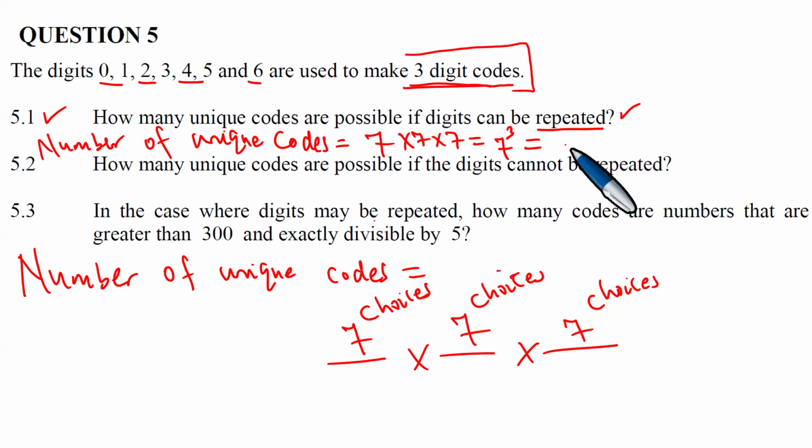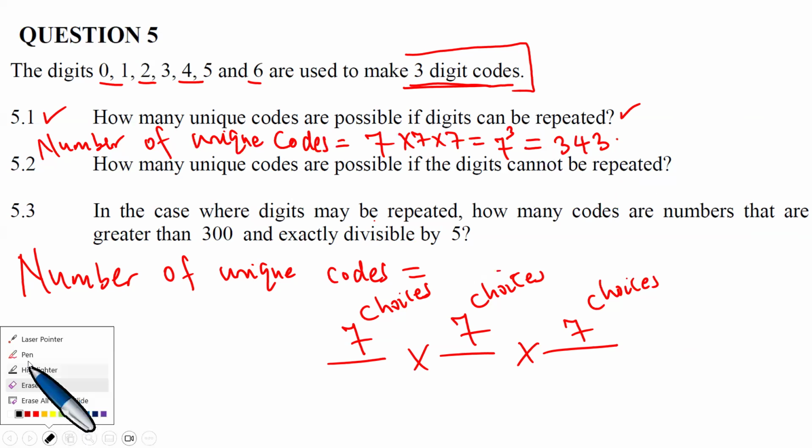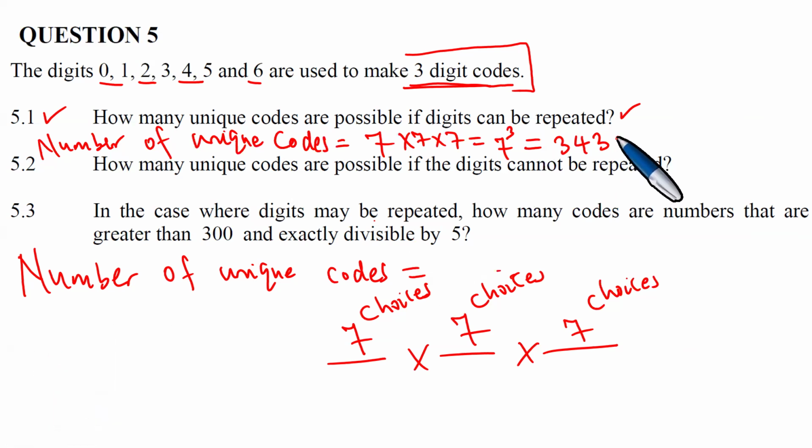And 7 cubed equals what? 343. So how many unique codes are possible if digits can be repeated? 343 unique codes. Any question on this one so far?